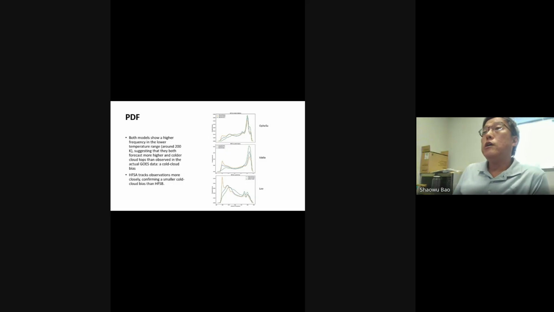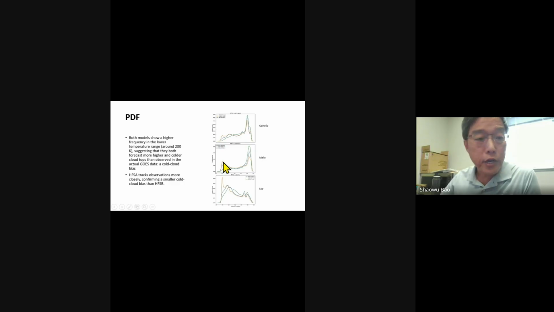So this figure you see, we used all the available model data, forecast data, and 3 storms, Ophelia, Idalia, and Lee. So the brightness temperature ranges from 180K to about 300K. From these PDF curves, you can see both models, HAFS A and HAFS B, have a higher frequency on the cold cloud, cold temperature end.